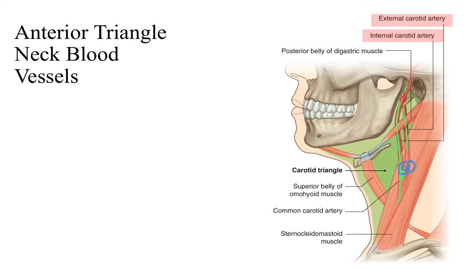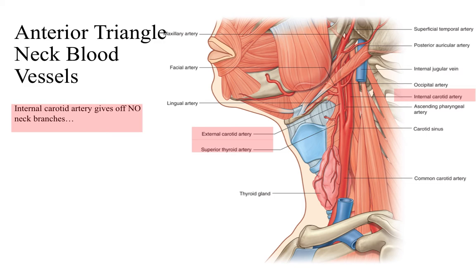And then the spot right here where the external and internal carotid arteries are within the carotid triangle is a spot where you can feel for the carotid pulse. So another good reason to have an idea about where these triangles are. Some information about the carotid arteries. So here's that carotid sinus that we mentioned. Notice it's a little dilation.